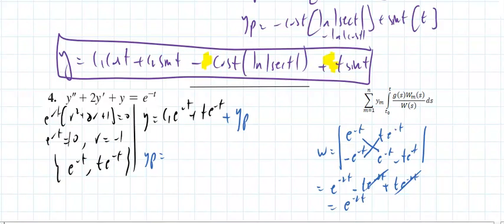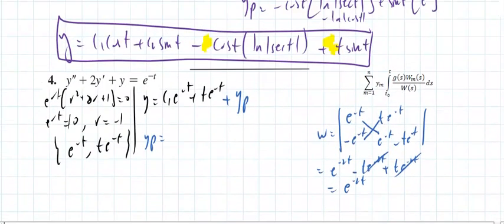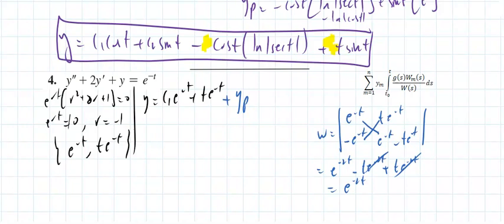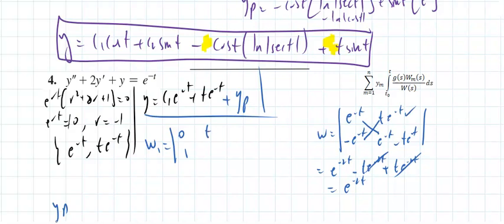Okay, that's the Wronskian. And if I want to find w sub 1, the Wronskian with 1, that will be 0, 1 right there, and we already have it. It's right there, just copy it. T e to the negative t and e to the negative t minus t e to the negative t. And here, w sub 1 will be 0 minus t e to the negative t.